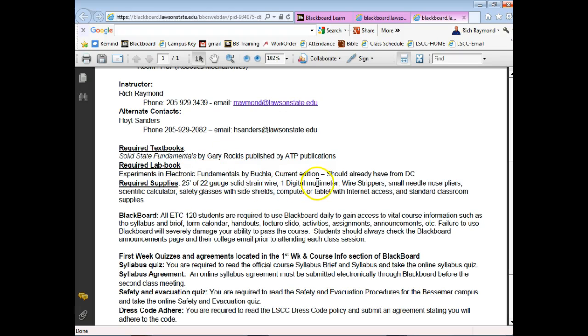Make sure you get safety glasses for the class. Safety glasses with side shields or wraparound safety glasses are fine too. A lot of your newer safety glasses don't have the side shields, but they need to come back to your temple. We're dealing with solid state devices. Solid state devices, if you don't hook them up right, guess what? They pop. They'll blow up. AC capacitors blow up.